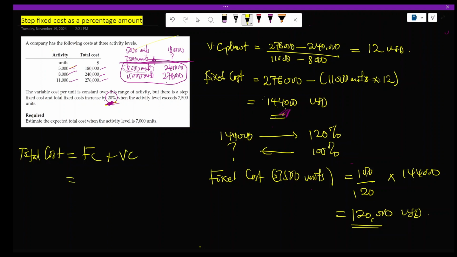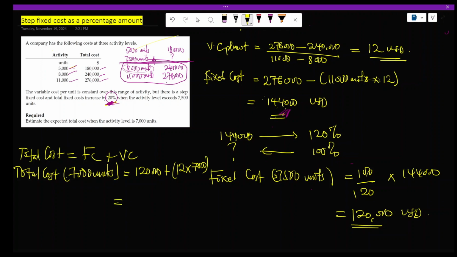Therefore, total cost at 7,000 units is equal to the 120,000 plus, in brackets, the variable cost per unit, which is 12, times 7,000. Okay, so this one is going to give us 12 times 7,000.